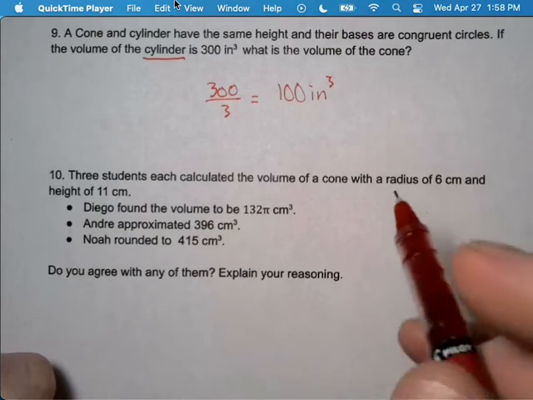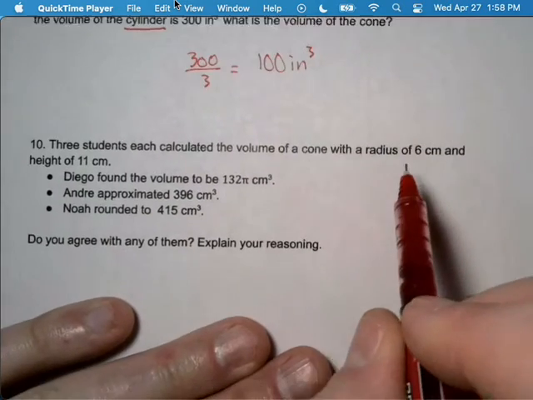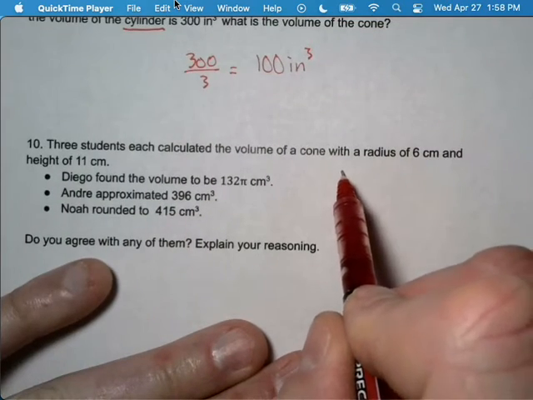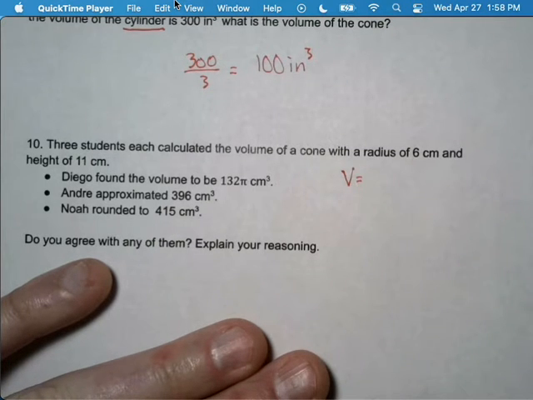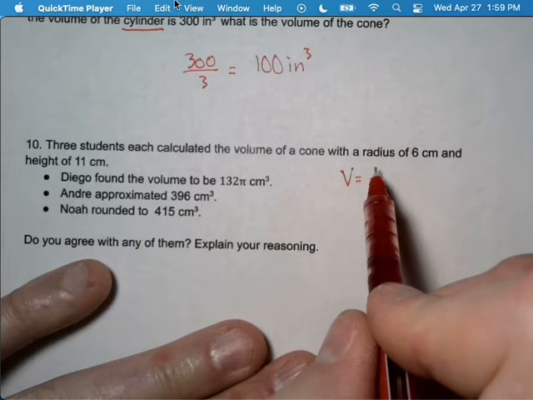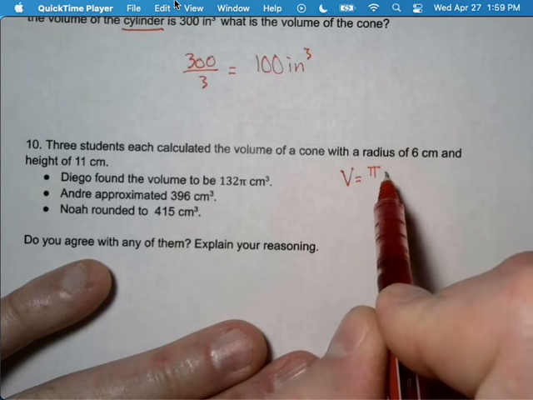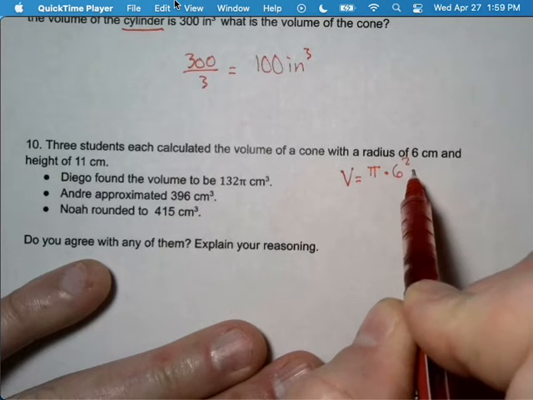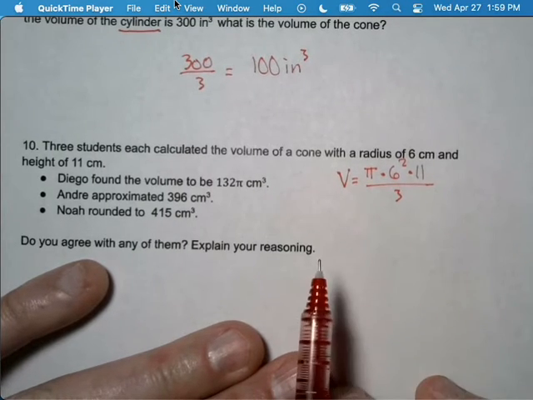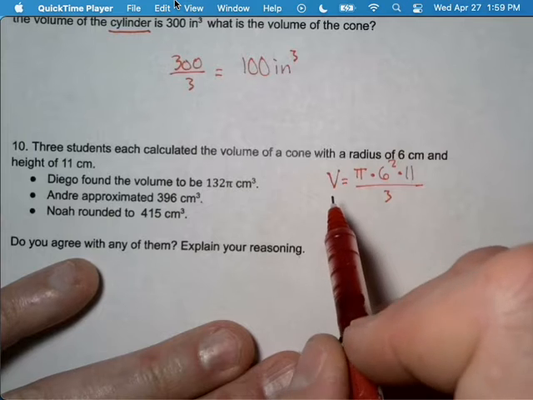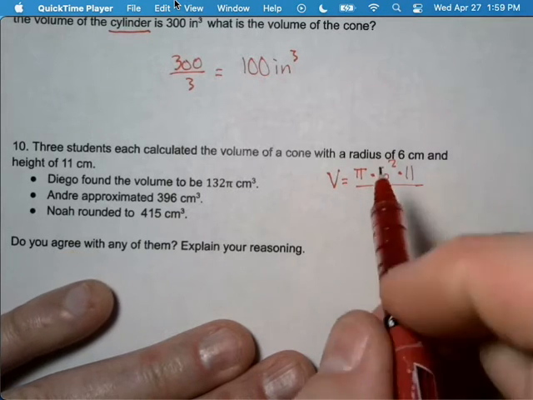Okay, Ameline? Oh, I have the answer. Okay, so what did you do? So you just use the formula, 6 to the second power times 11 divided by 3. Okay, so that's going to give me the volume of the cone. What number did you get?